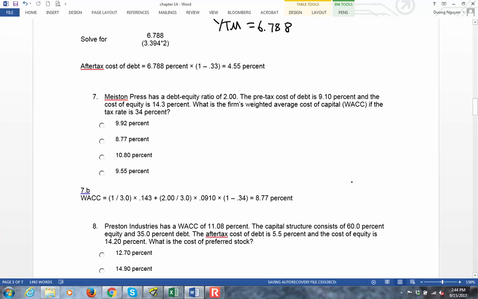This company has a debt equity ratio of 2. The pre-tax cost of debt is 9.1%. Cost of equity is 14.3. What is the weighted average cost of capital?